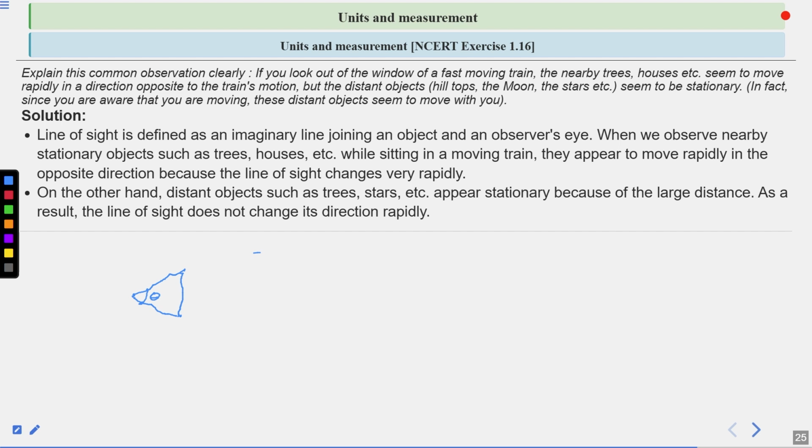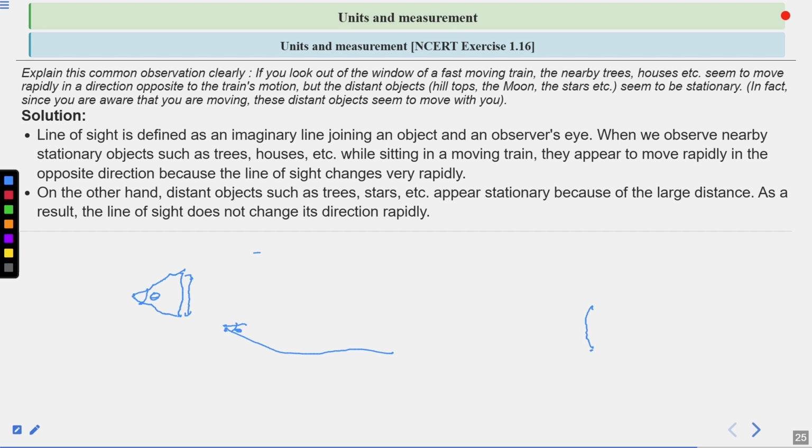Okay. So imagine that this is like some hilltop, and it is very distant from your train. So the train is here. You travel the same time, so the distance moved will be the same. This much distance, and you can imagine the theta formed in this condition will be very small, right?